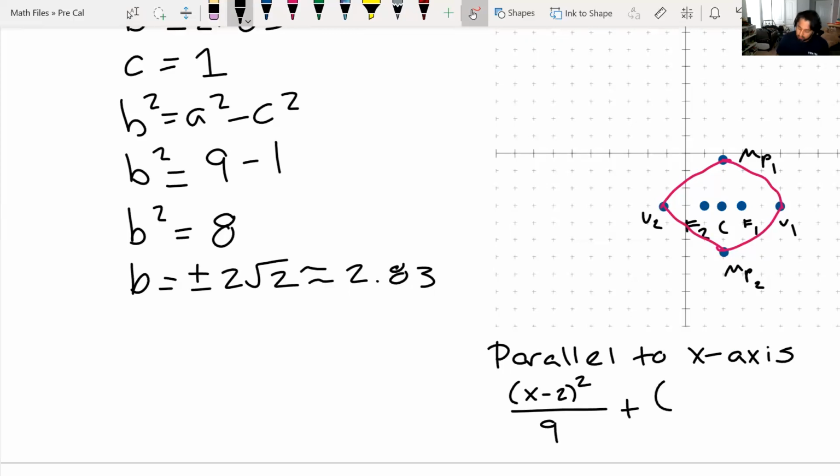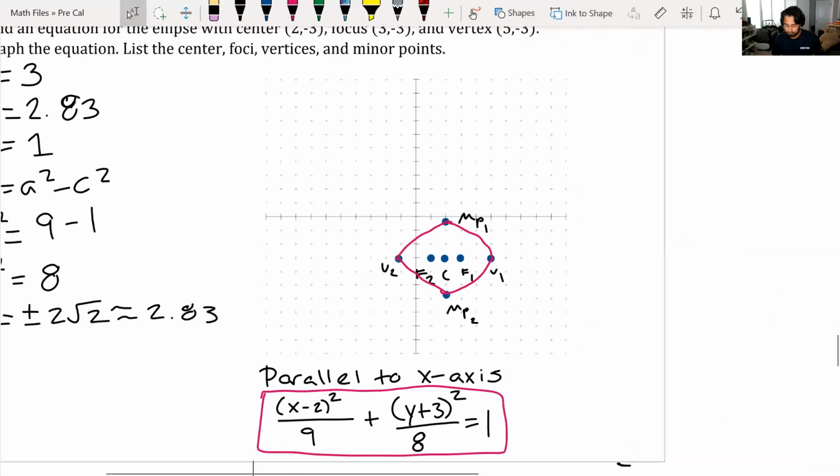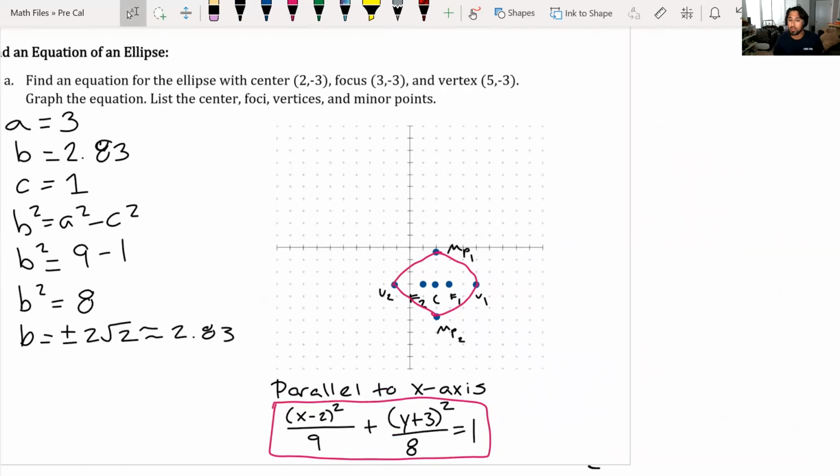Plus y plus 3 squared over b squared. And b squared happens to be 8. Equal to 1.